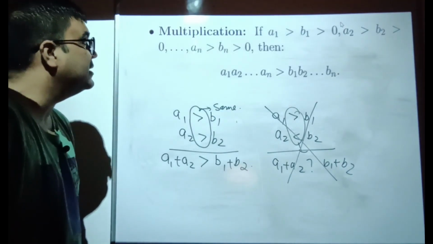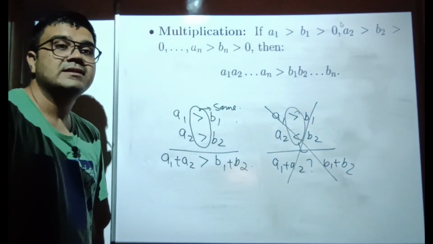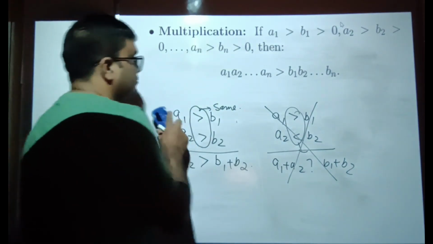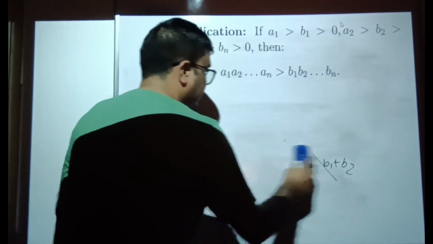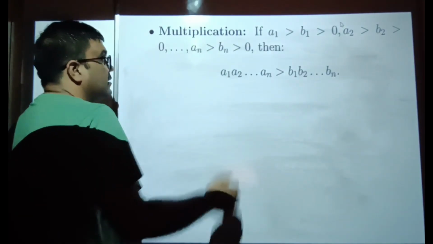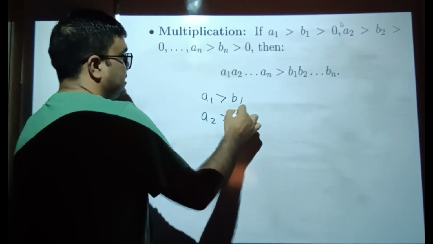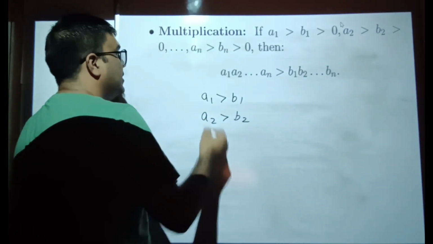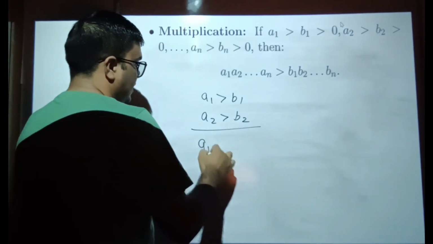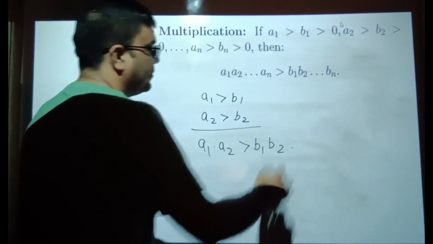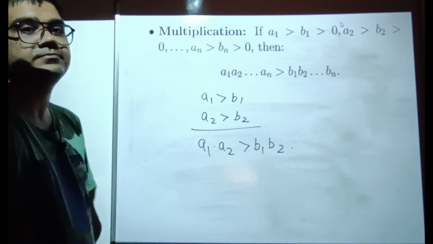Similarly, we can use it for multiplication. Two inequalities are given to us: A1 is greater than B1, A2 is greater than B2. We can multiply these terms and obtain A1 into A2 is greater than B1 into B2.